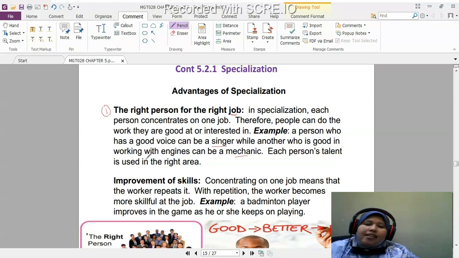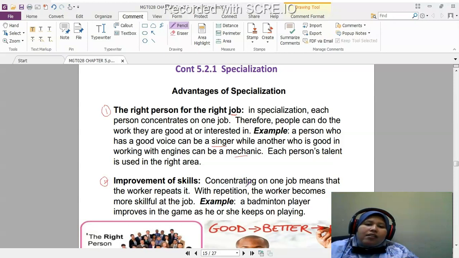Each person's talent is used in the right area. So that we call specialization. One person only doing the job that they love so much and are talented at. Itu maksudnya.